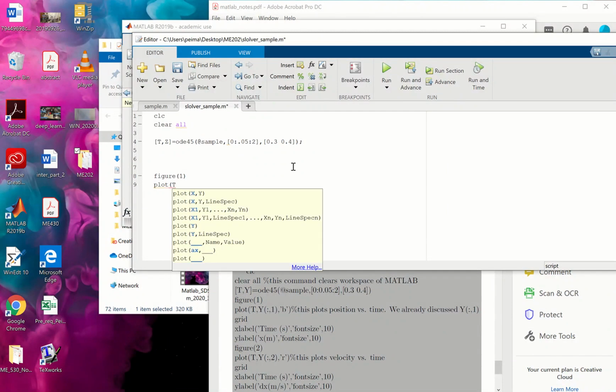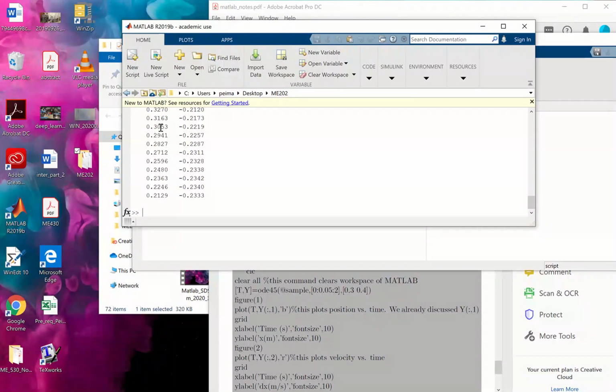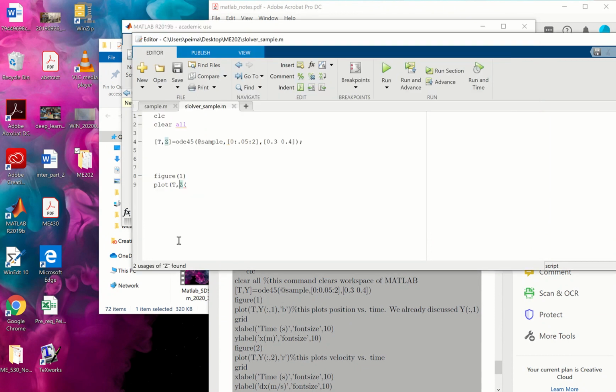Plot the whole time vector, capital T, and all of, because I changed to z, look here, I'm going to plot this column of z. So it means all the rows, as I taught you in the matrix operation, all the rows and the first column. That's right, I taught you in the YouTube link. All the rows and the first column.